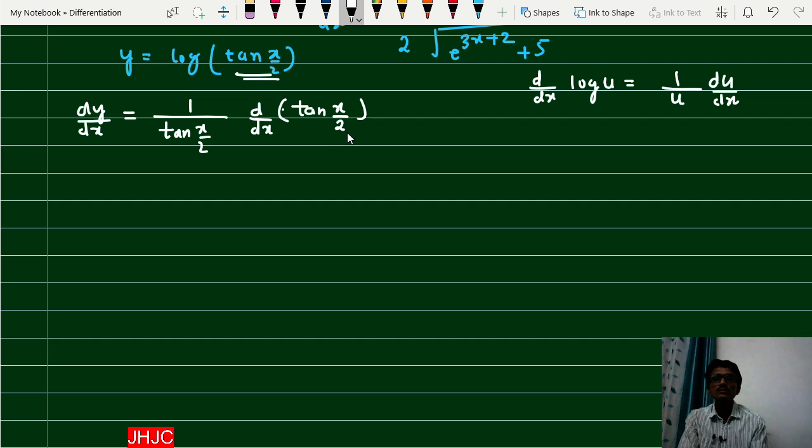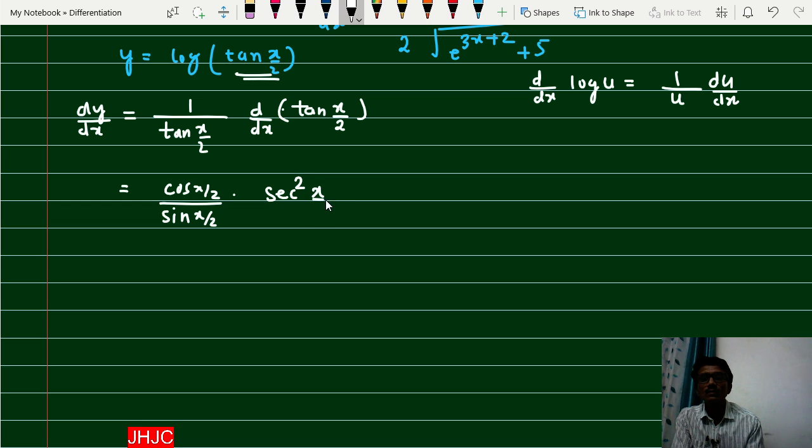Tan x is a simple question, but tan of x by 2 is a composite function. This is 1 upon tan, meaning you can write here cos of x by 2 upon sin of x by 2, and derivative of tan is sec square x by 2 and into, again here, derivative of x by 2 will come because it is a composite function.